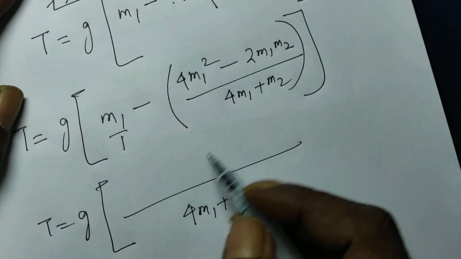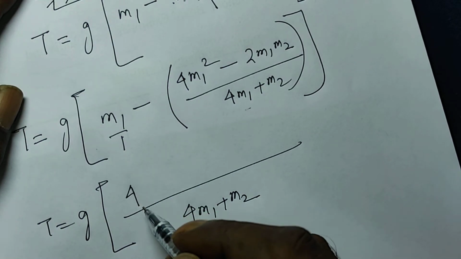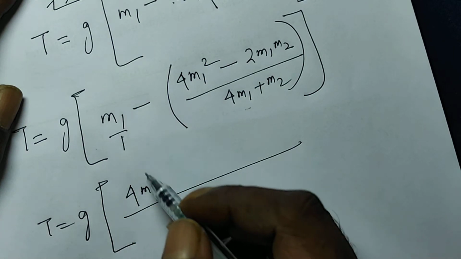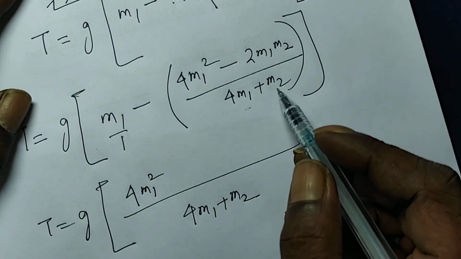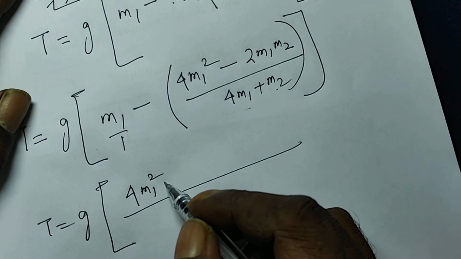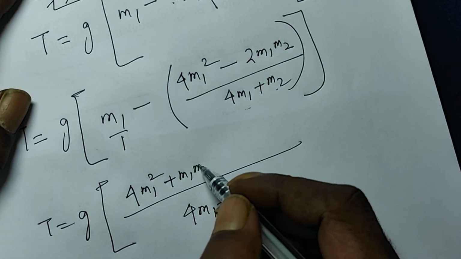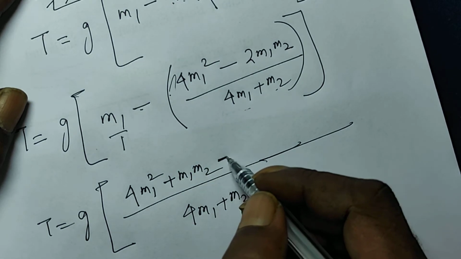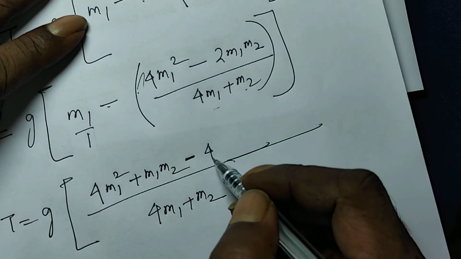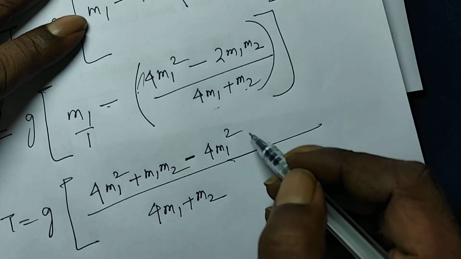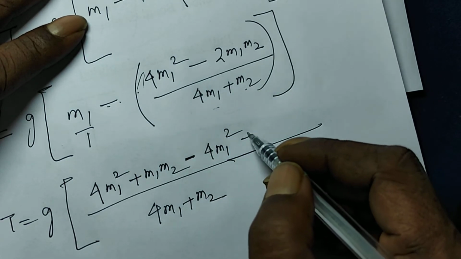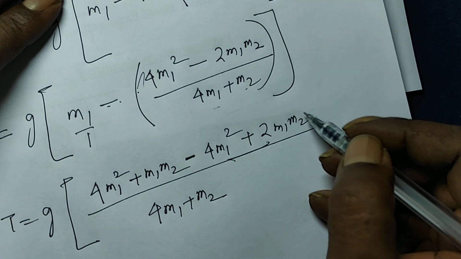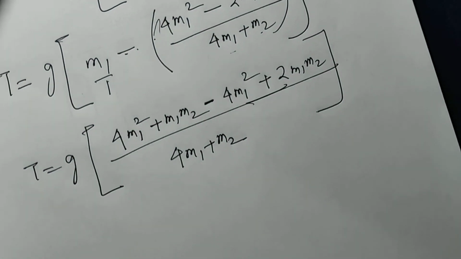So this comes here, 4m1 square, then this comes here, plus m1m2, then there is a negative sign here, so I have to be careful: 4m1 square, minus plus, so this becomes 2 times m1m2.